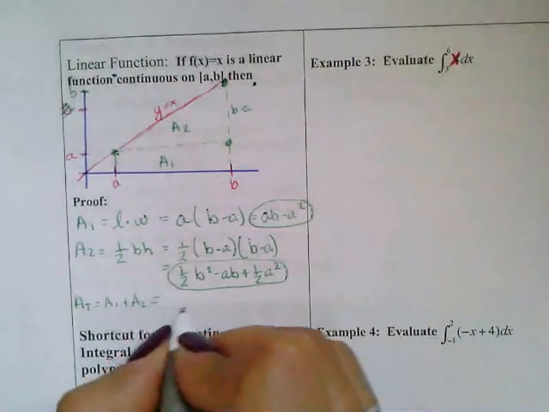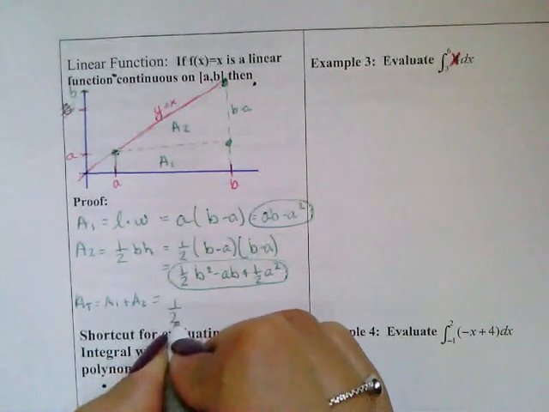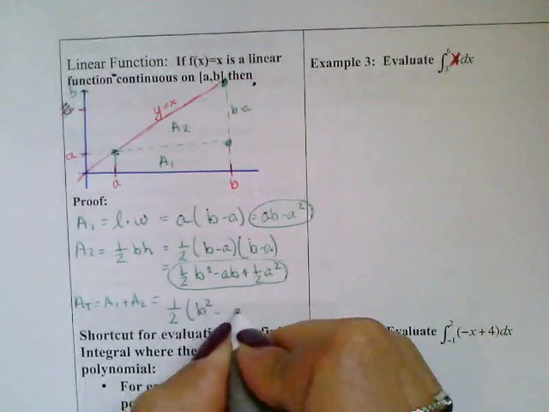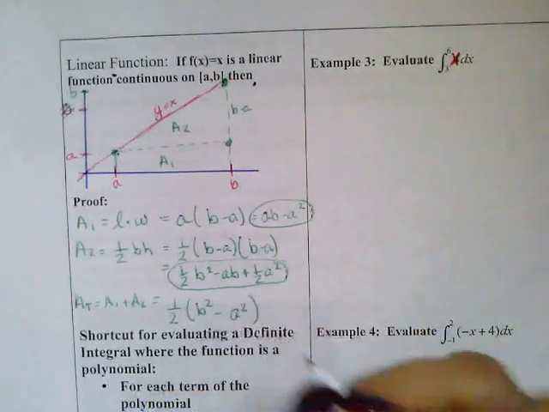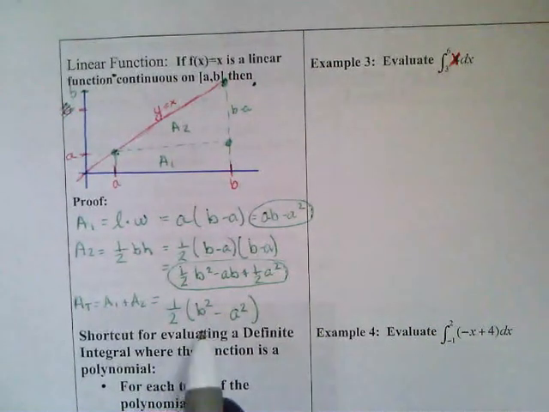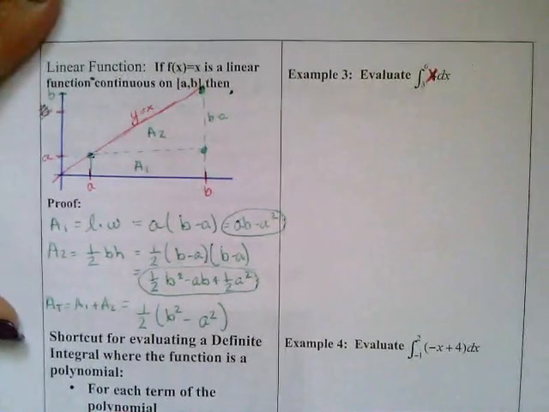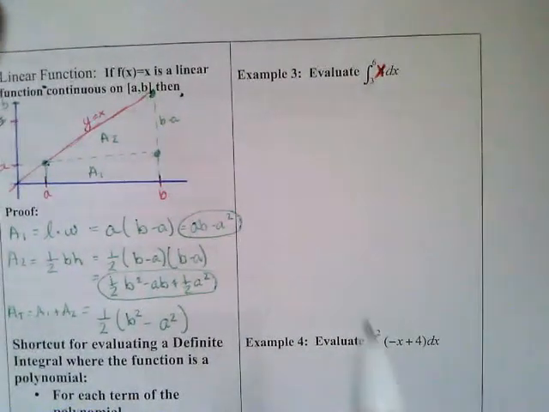You end up with, I'm not going to show every single step, you guys can do that on the side, 1/2 of B squared minus A squared. And we'll do an example where we're going to use this type of partition. Okay, and let's do an example without a graph.